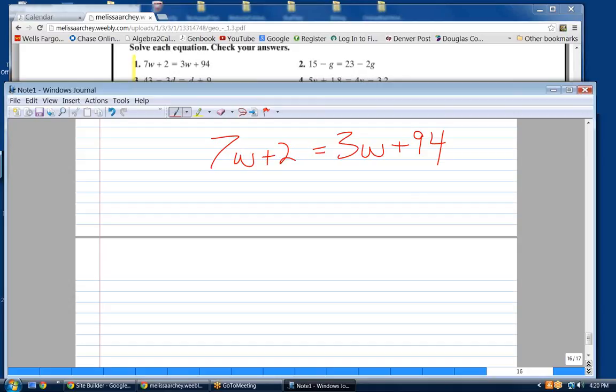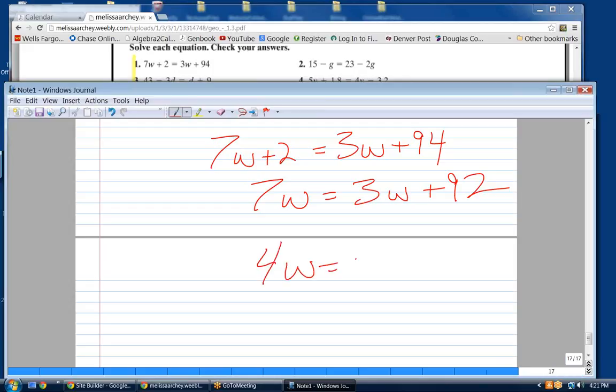So subtract 2 from each side. And then subtract 3w from 7w to get 4w equals 92. And then just divide by 4. Comes to 23, yeah. Okay.